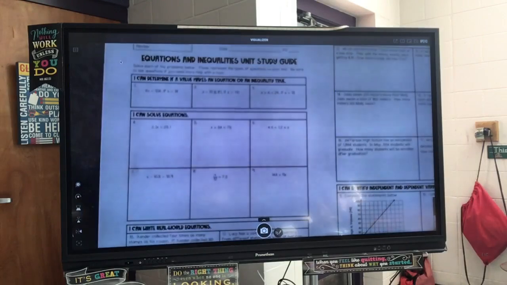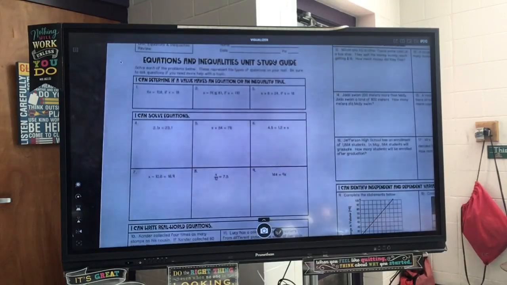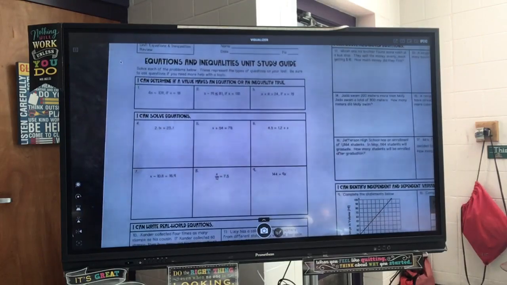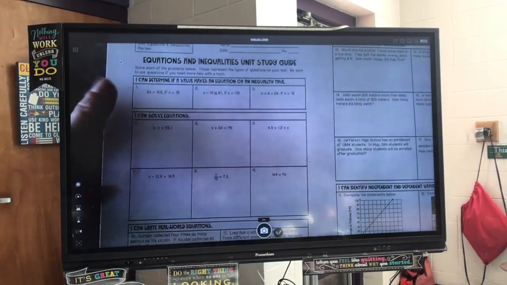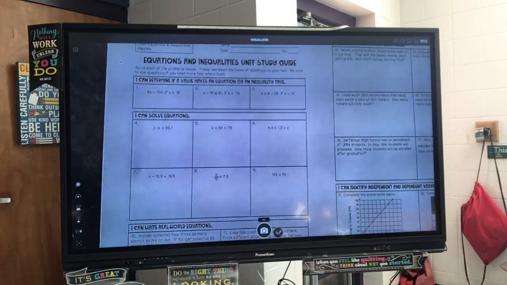So starting over here, it says I can determine if a value makes an equation or an inequality true. So how do we go about solving number one? What do we need to do? Mikhail.